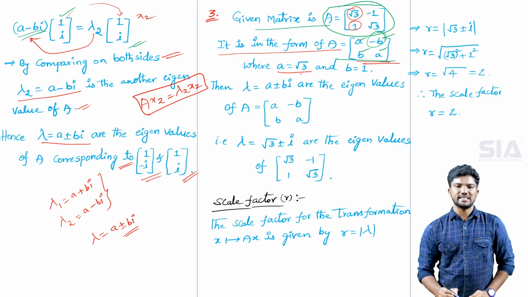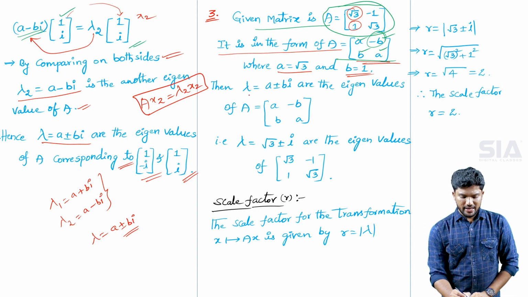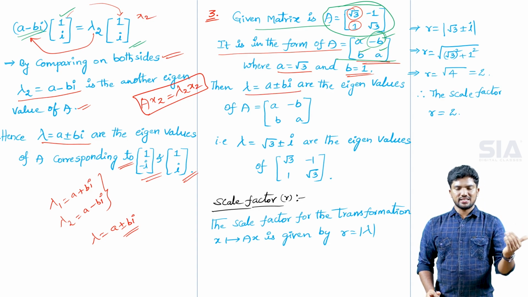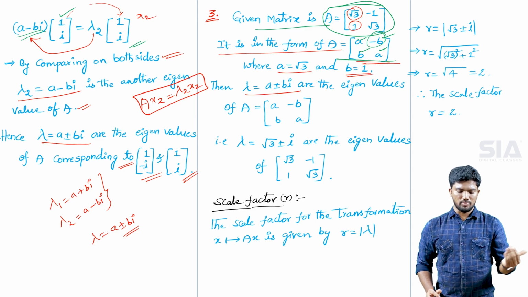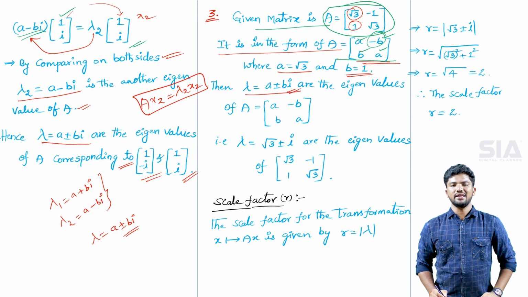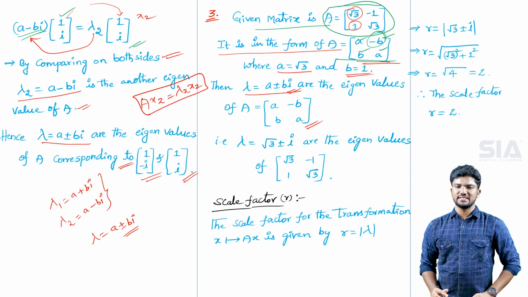Therefore where a is equal to root 3 and b is equal to plus 1, by the definition of the angle of rotation or scale factor, we can say that lambda is equal to a plus or minus bi are the eigenvalues of capital A whenever capital A is in this format.